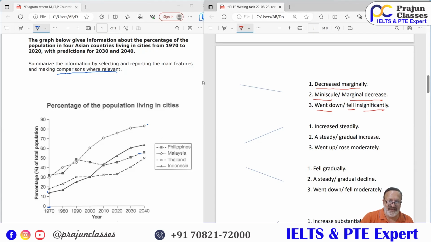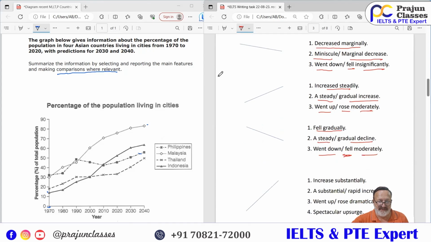Similarly, for an increase which is slightly higher, you can use increase steadily, a steady or a gradual increase, or went up moderately, or rose moderately. Now if it is a fall, like the one we reported for a rise, this will be gradually: fell gradually, then a steady or a gradual decline, went down moderately or fell moderately. So four ways of writing this.